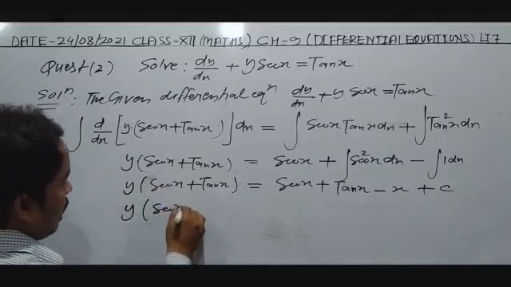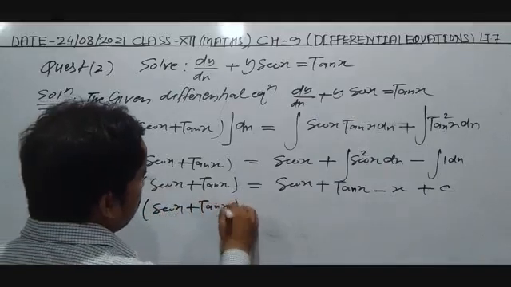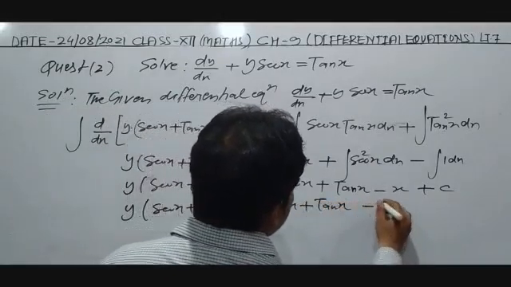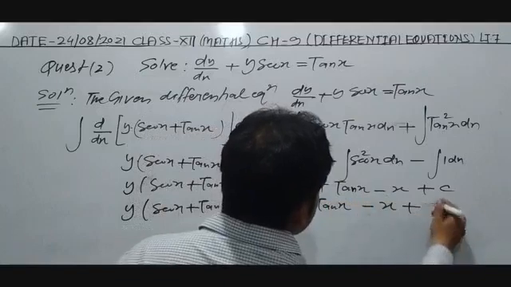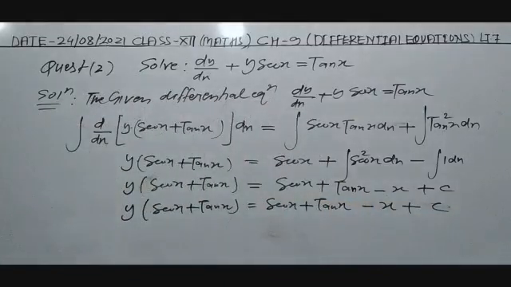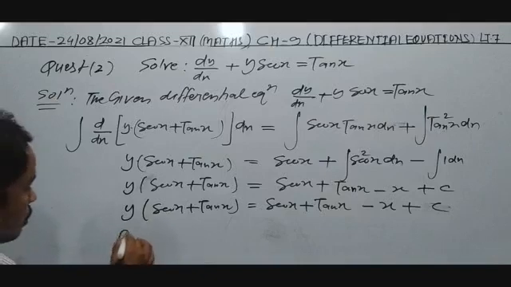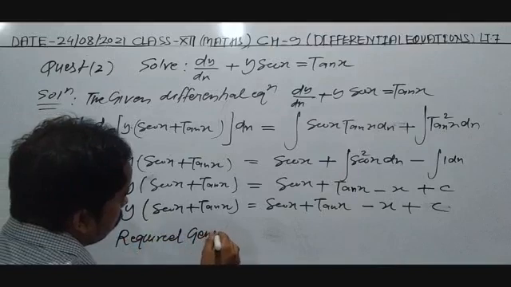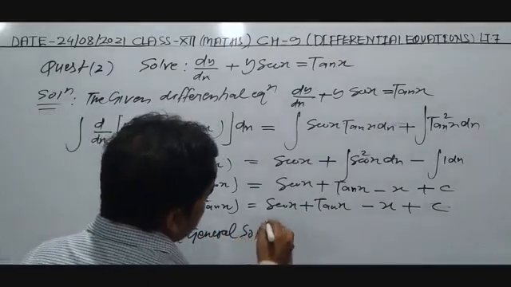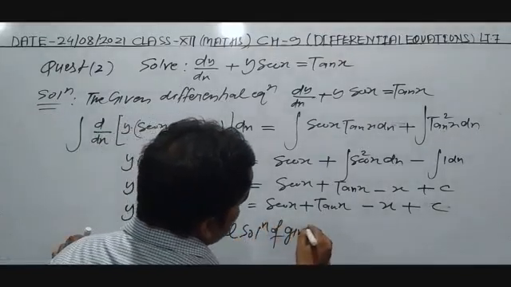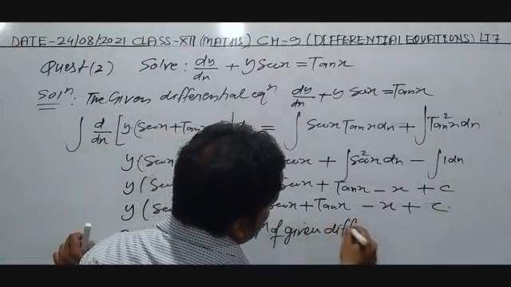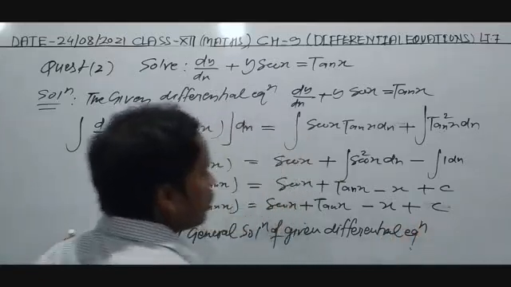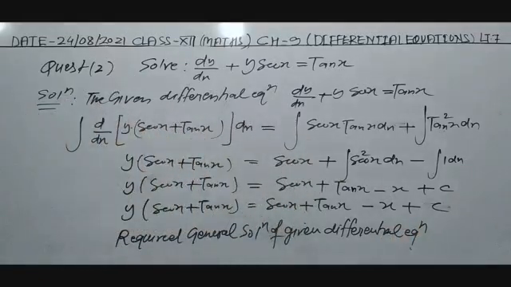Y times (sec x plus tan x) is equal to sec x plus tan x minus x plus c. This is the required general solution of the given differential equation.